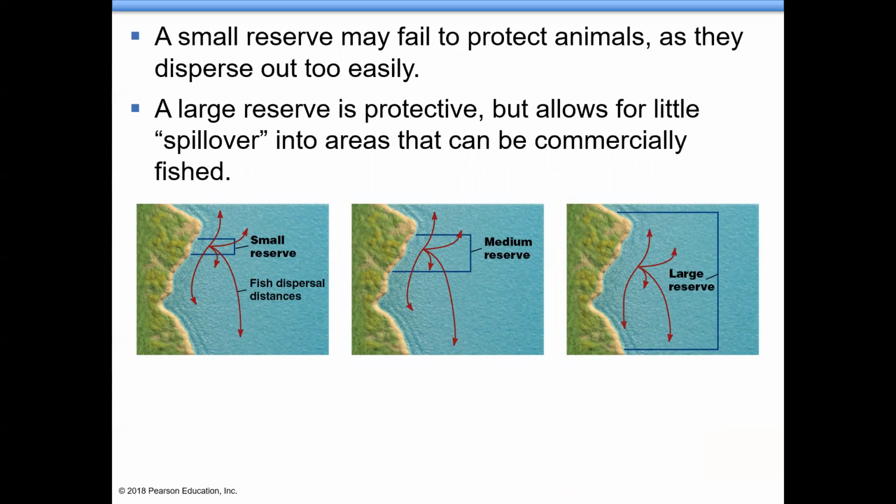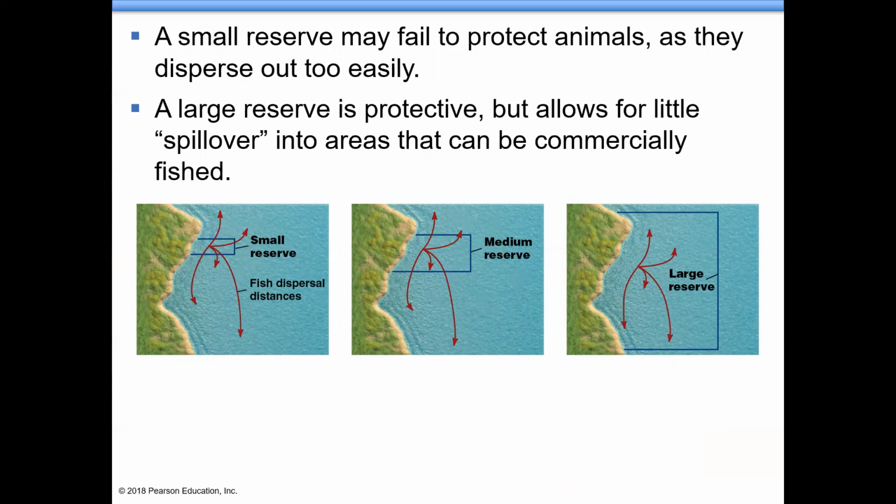Just like with our terrestrial preserves, though, there is a debate on what size these should be. If we have a very small reserve, these animals may be dispersing too easily, so they might be leaving the reserve.